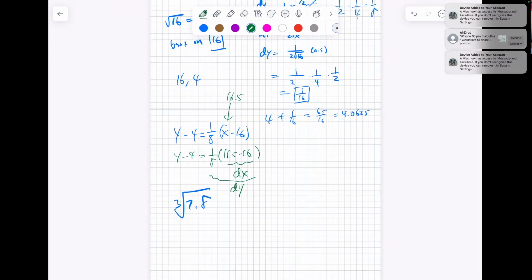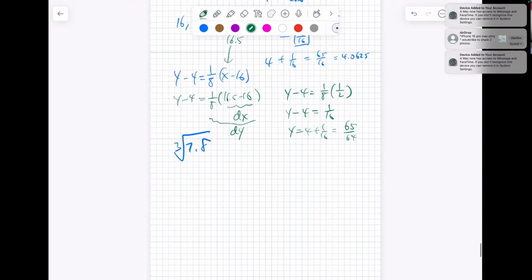So therefore, y minus 4 equals 1/8 times 1/2, which is 1/16. Y minus 4 equals 1 over 16. And move the 4 over, so it'll be 4 plus 1 over 16. So it's 65 over 16, which is a very, very good approximation.